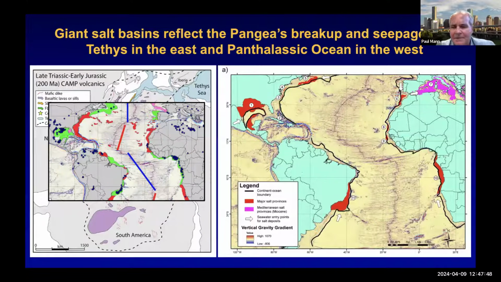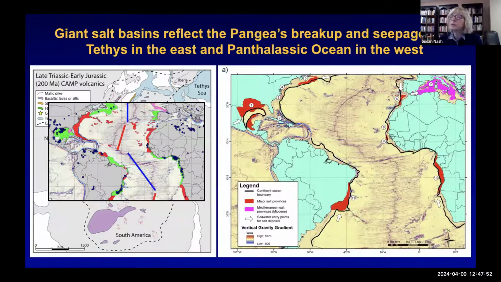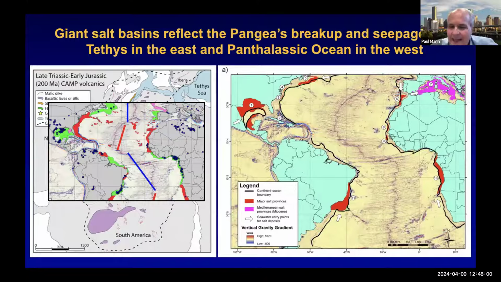Okay, but the question was, what is the relationship between salt and hydrocarbons associated with obliquely opened margins? Well, in the Atlantic, the salt here on the right is shown in red. So this would be Campos Santos, this would be Angola region.